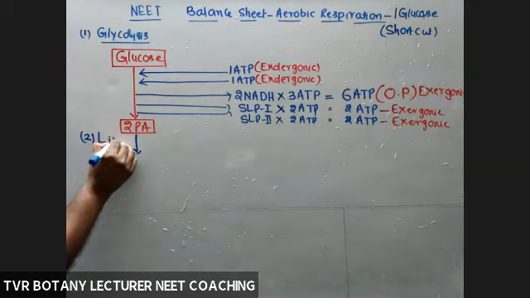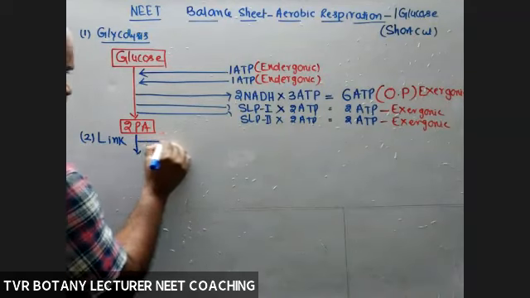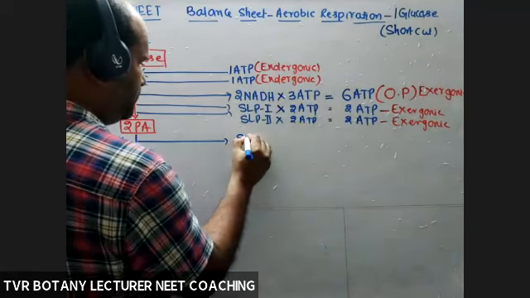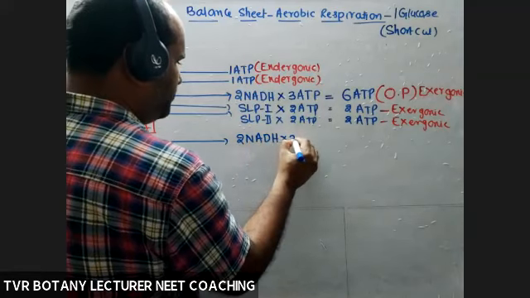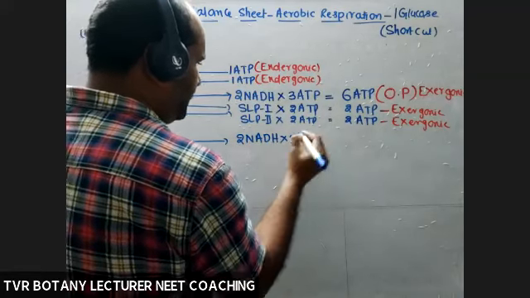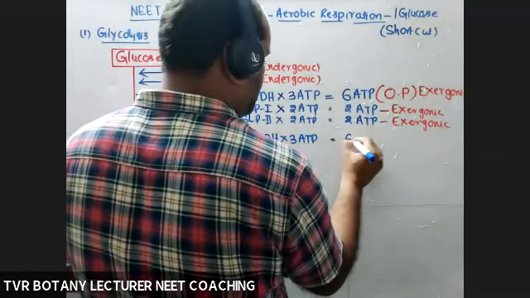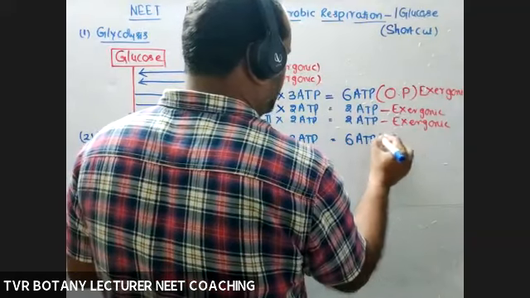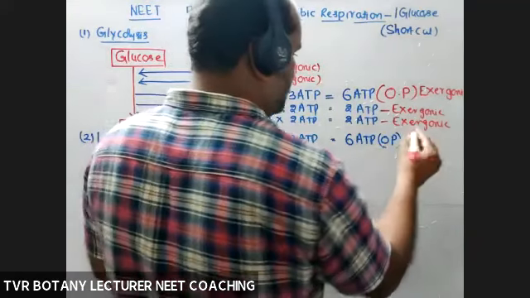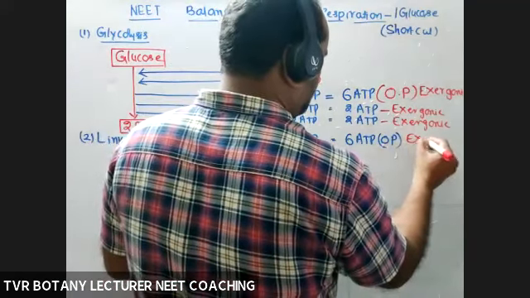Second one, link reaction. Two molecules of NADH into 3 molecules of ATP each, 6 molecules of ATP by means of OP, exergonic.